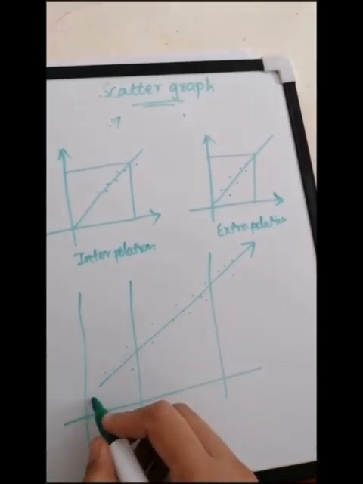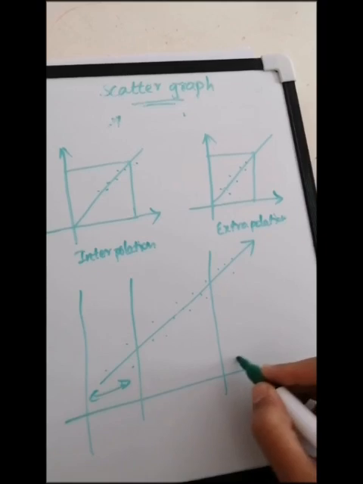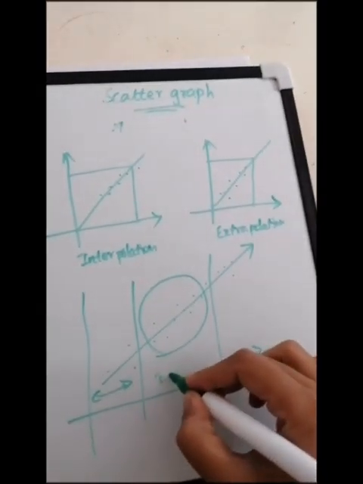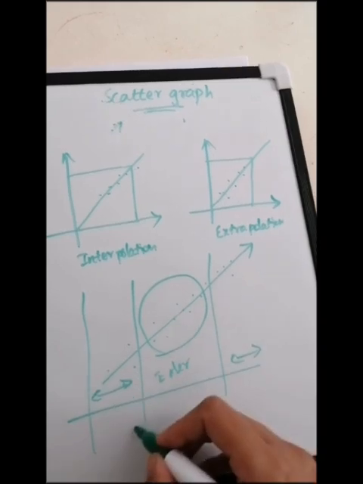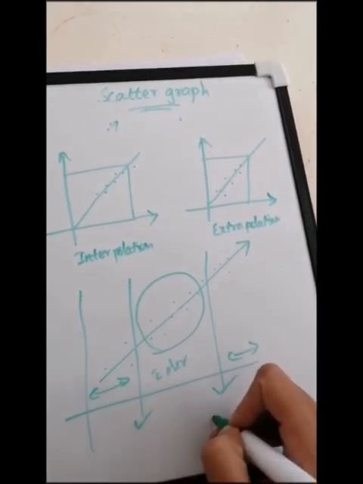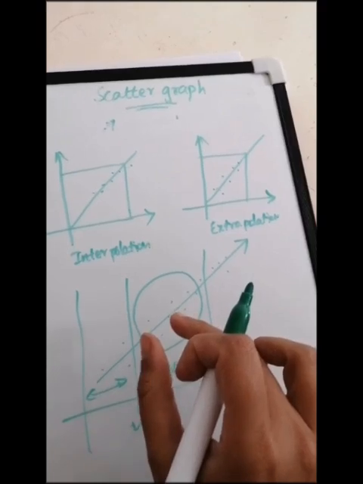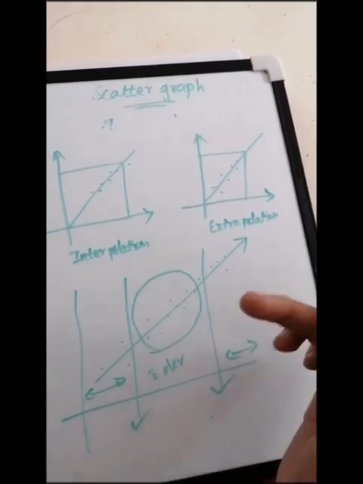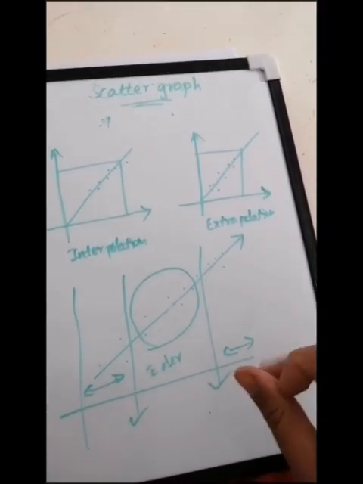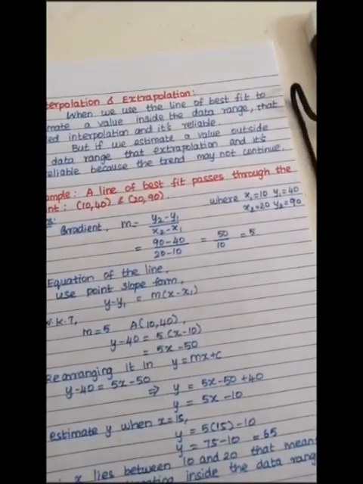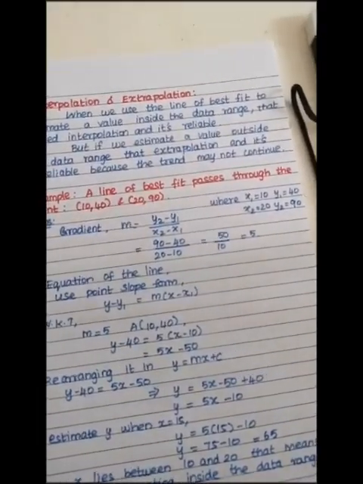Outside them is called extrapolation, and inside, between these two known values, is called interpolation. So extrapolation is the value beyond the data, and interpolation is the value inside.